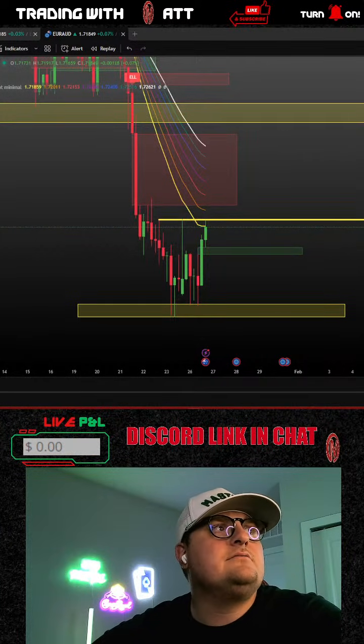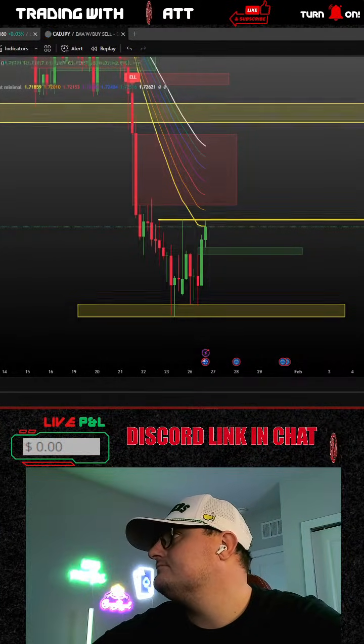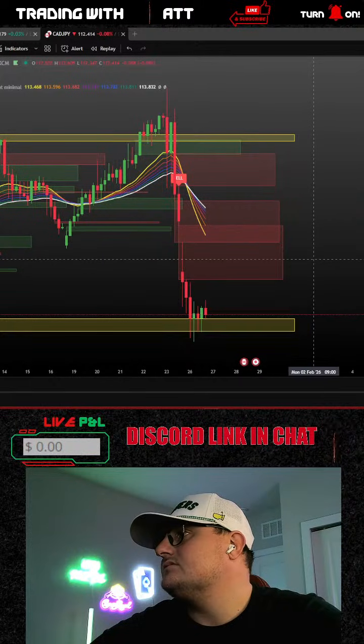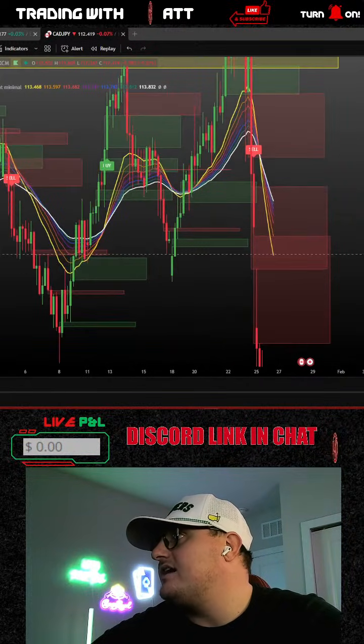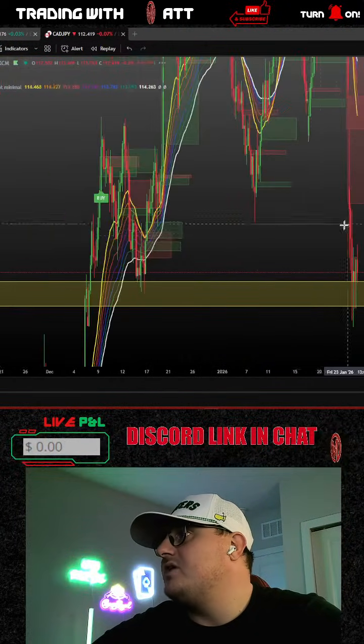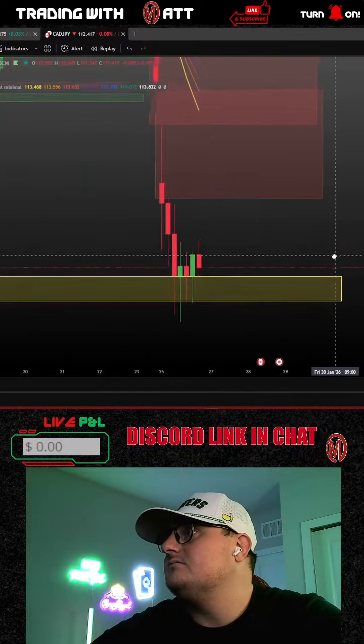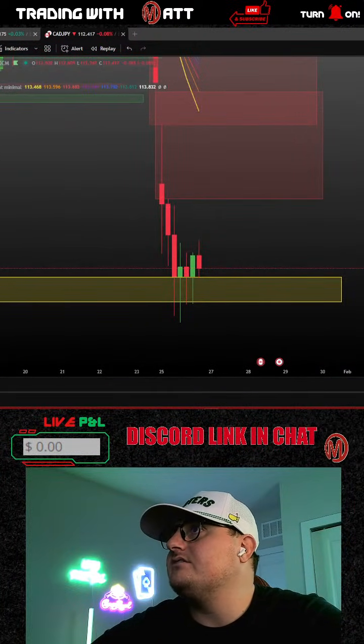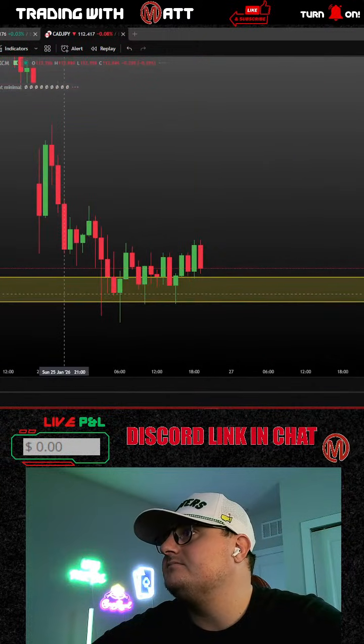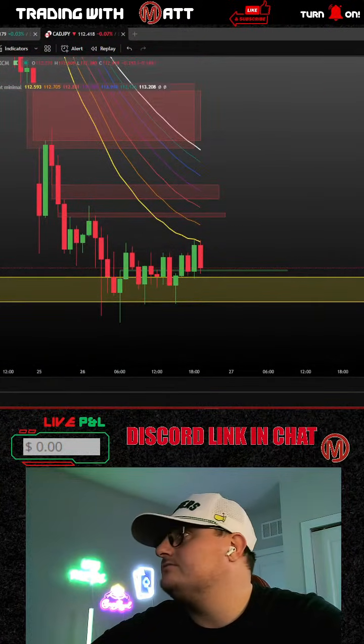Tough to say right now. I liked CAD JPY as a buy. I loved it as a buy at this zone right here. But the 4-hour candle would need to wick up big time. Same with the 1-hour.